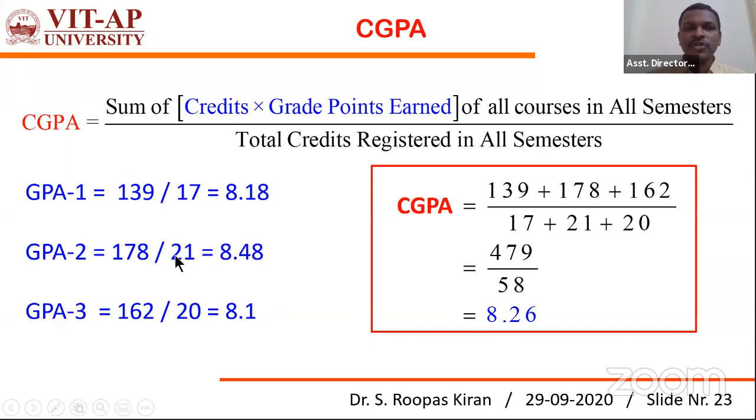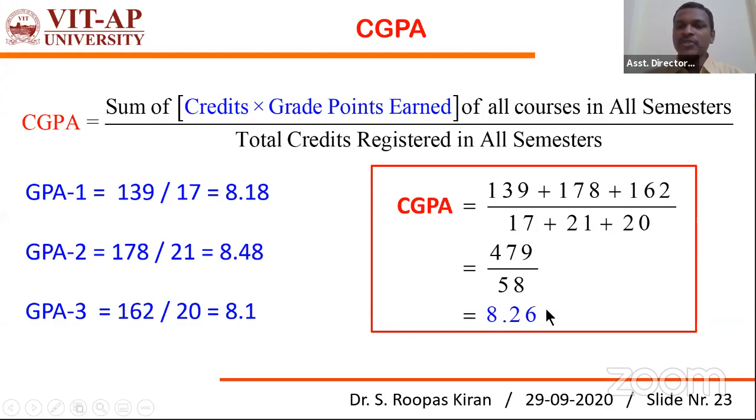That should not be accounted for in this portion. So total credits registered has to come in the denominator. Total grade points until the end of that semester divided by total credits registered until the end of that semester is the CGPA.